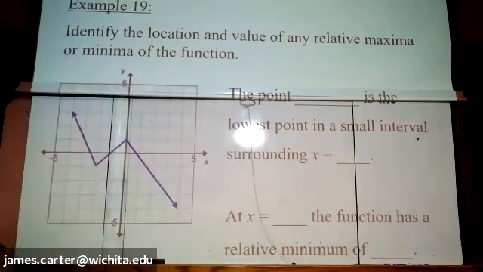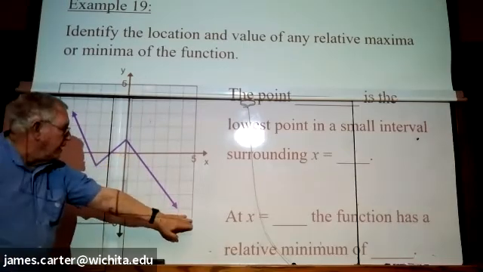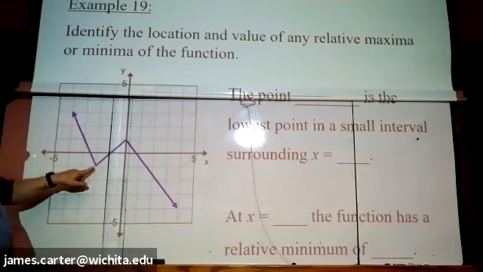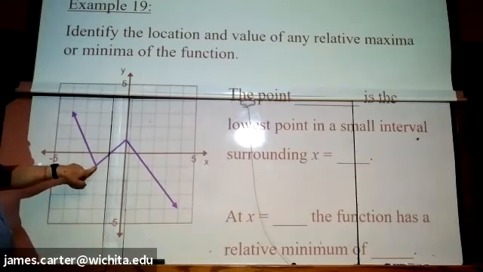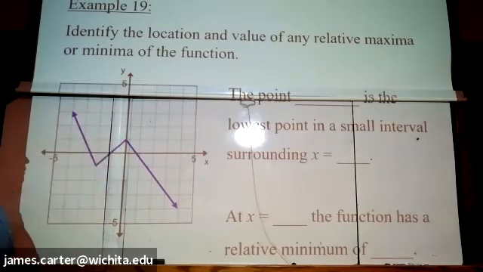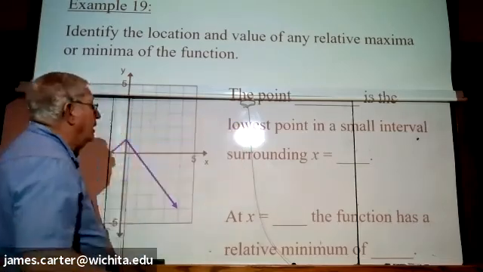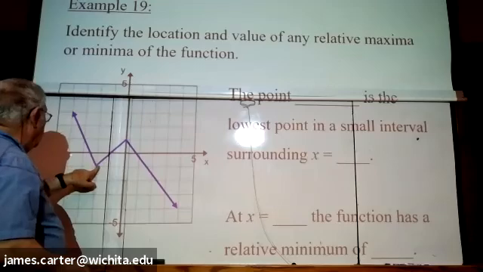Okay, we've got a graph here. What are the relative minimums or maximums? Well, this continues forever, that continues forever. We have a relative minimum right here and a relative maximum or high turning point here. Okay. So this is asking the point what is the lowest point in a small interval.